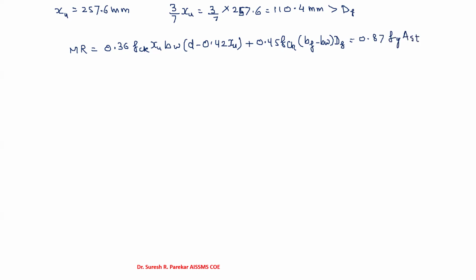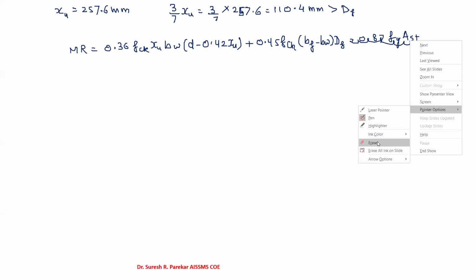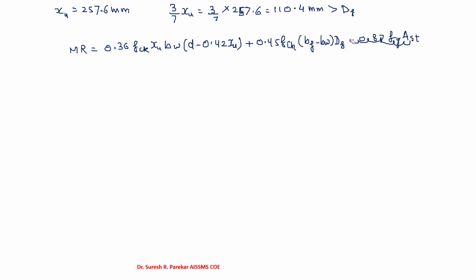Sorry, into DF, we are finding actually moment of resistance. Just I will have this into lever arm, and then we have lever arm that is D minus DF by 2.